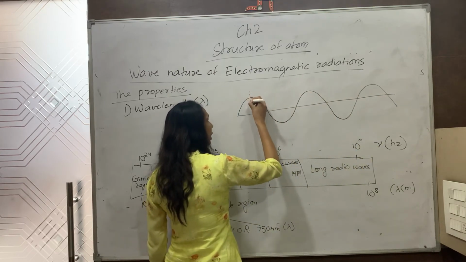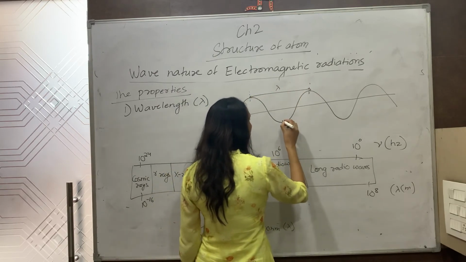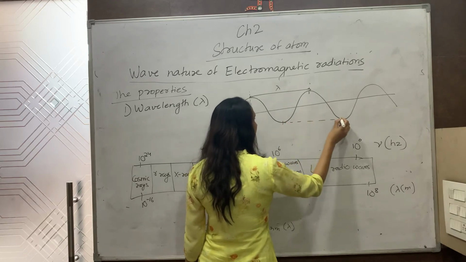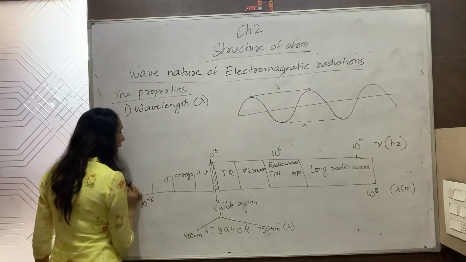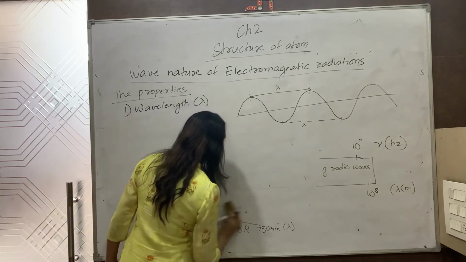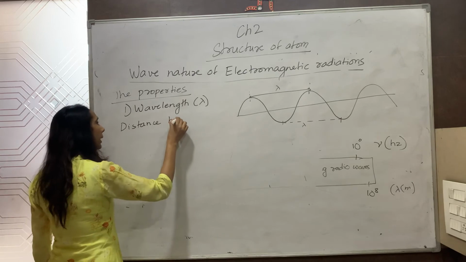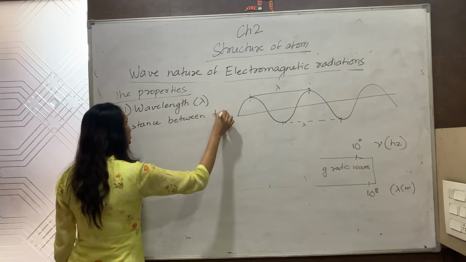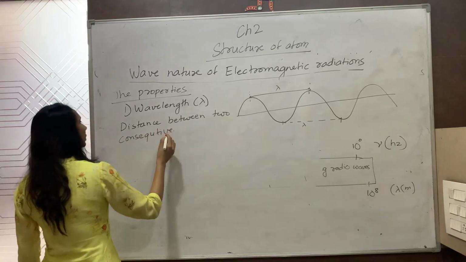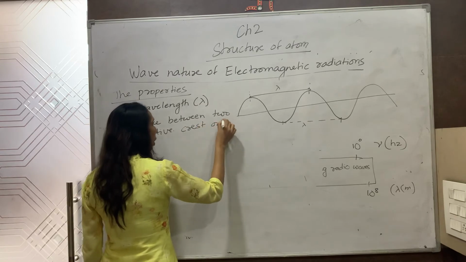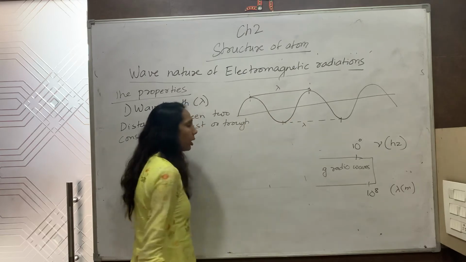It is the distance between two consecutive crests or troughs. The upper part of the wave is called the crest and the lower part is called the trough.